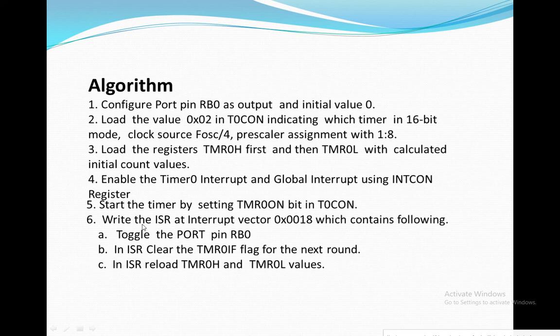Here we will write the instruction for toggling, that is, we will send active high and active low signals to generate a square wave with a duty cycle of 50%, as we calculated. In the interrupt service routine we will clear the timer 0 flag to go for the next round. Again, the ISR will load the initial values: 85H is loaded into the timer 0 higher byte register, and EEH into the timer 0 lower byte register.